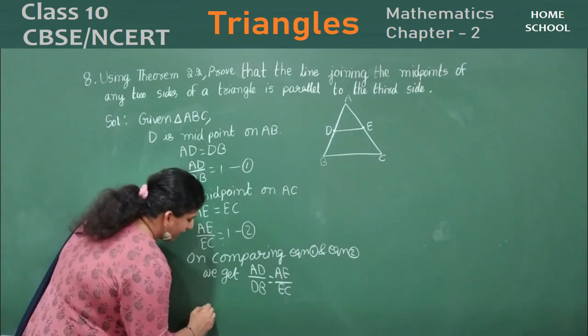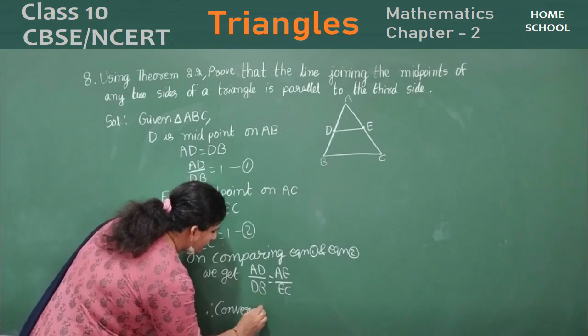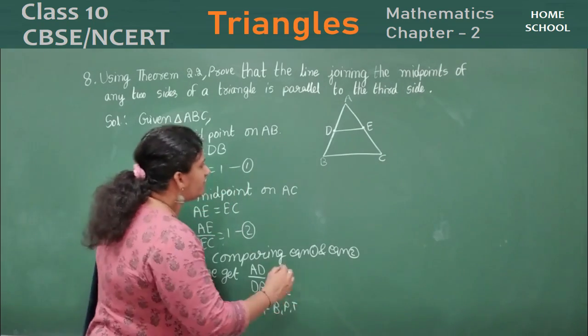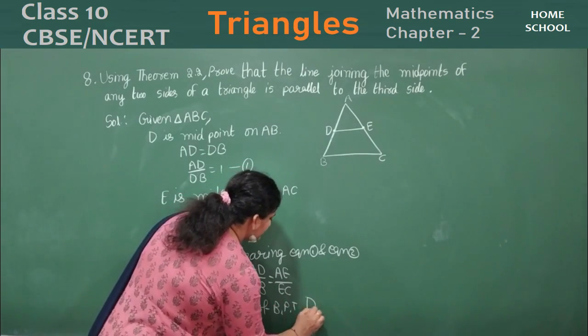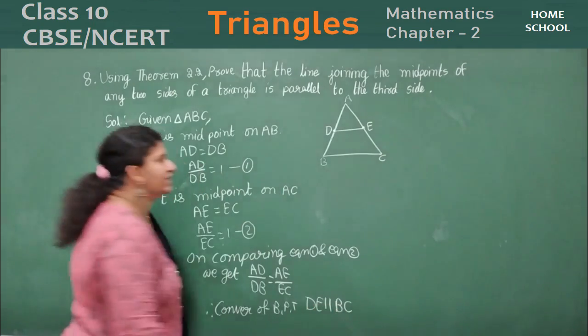So, what can you write? Therefore, by converse of BPT, I can say that DE line is parallel to BC.